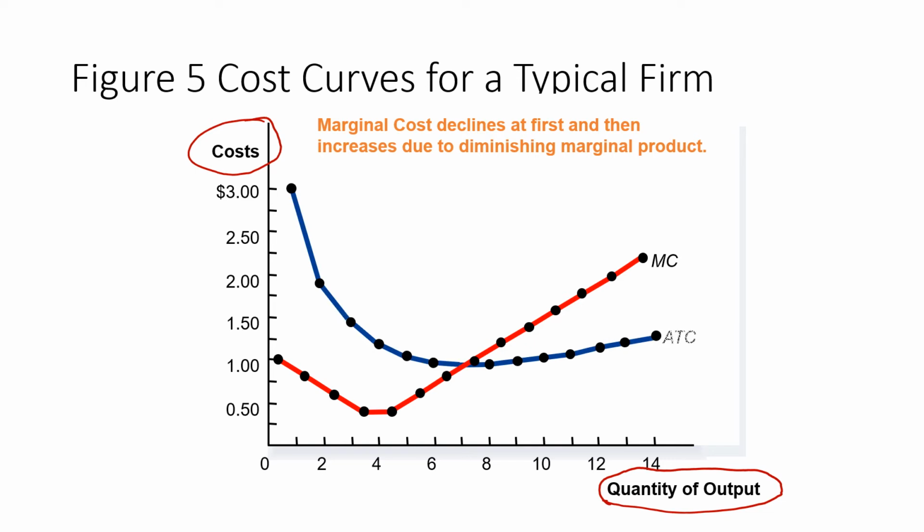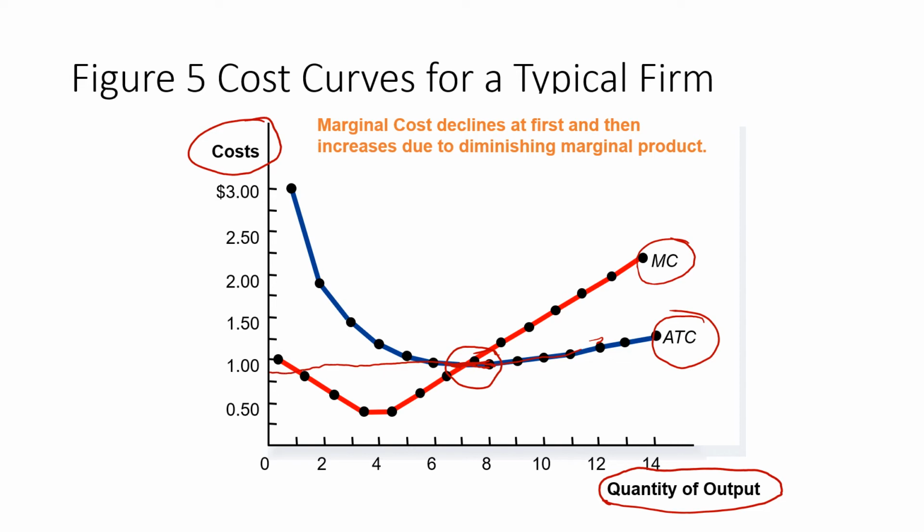And we have the average total cost, which you can see decreases initially, and then it starts to increase. And you also see the relationship that the marginal cost curve is cutting the average total cost at its minimum point, and that is the efficient point, the efficient scale for this firm.